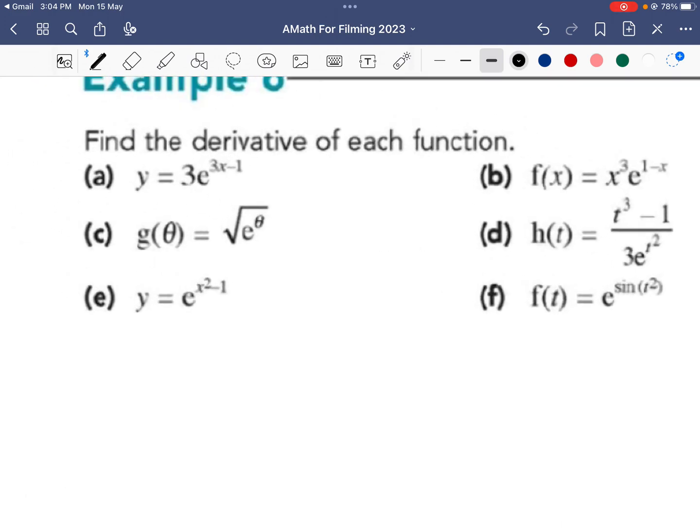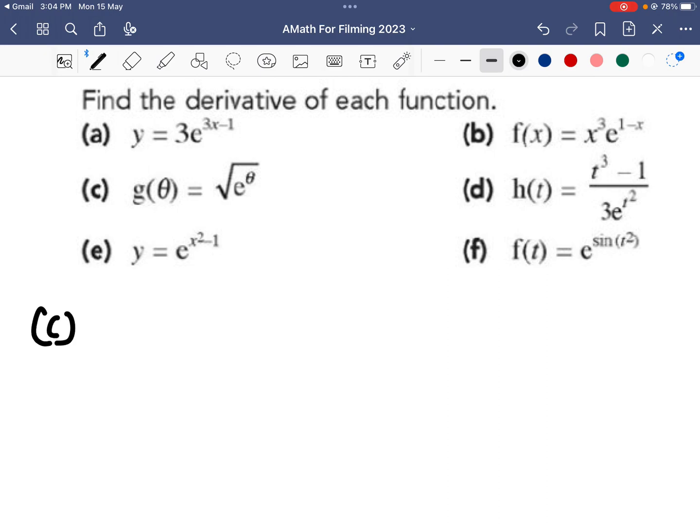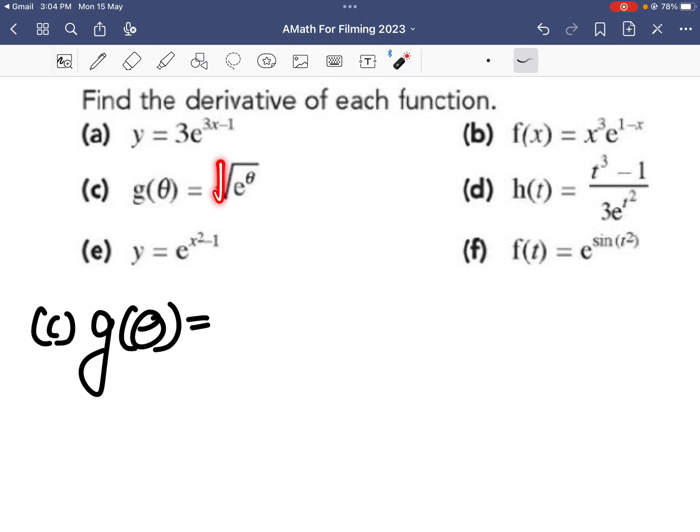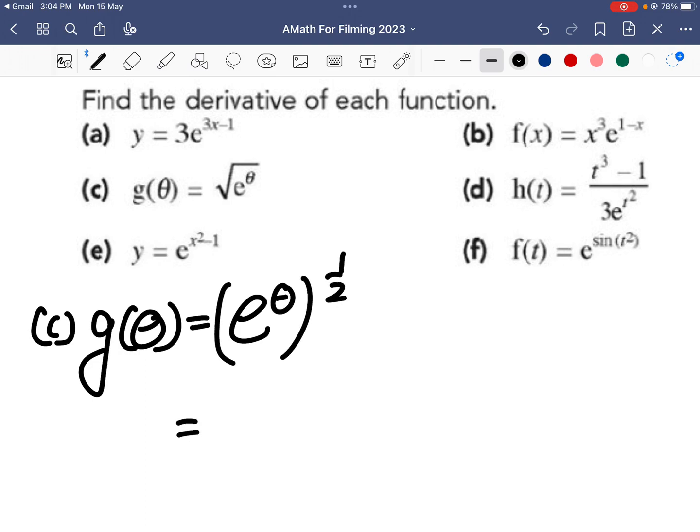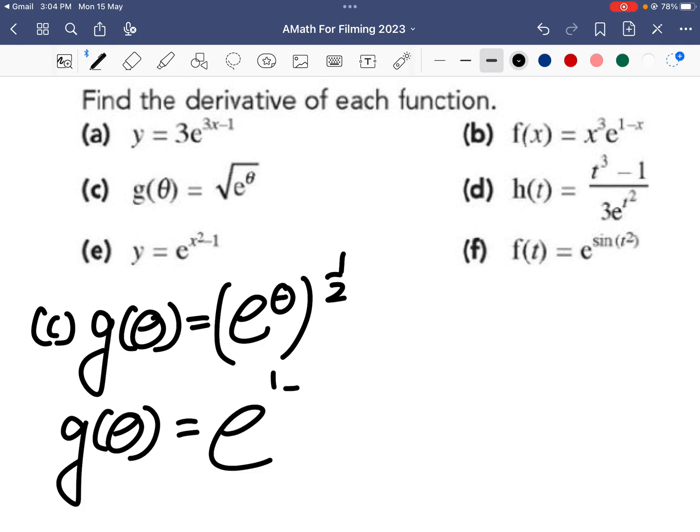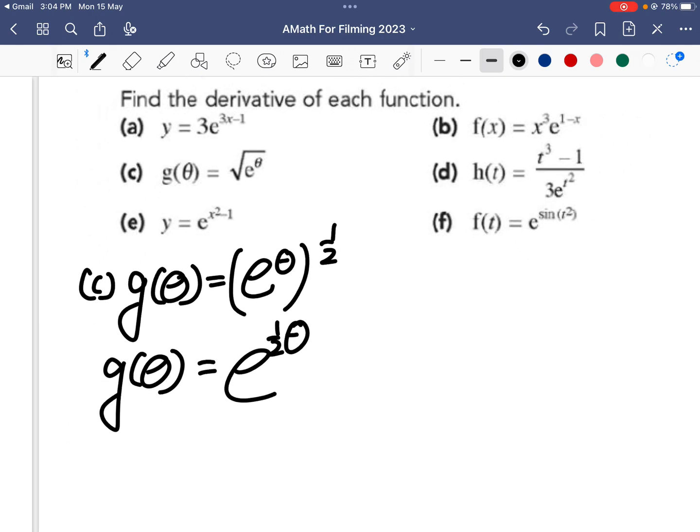Now, part C gives me the function g. The square root itself will be power half. So here, my function g will give me e to the power of half theta.